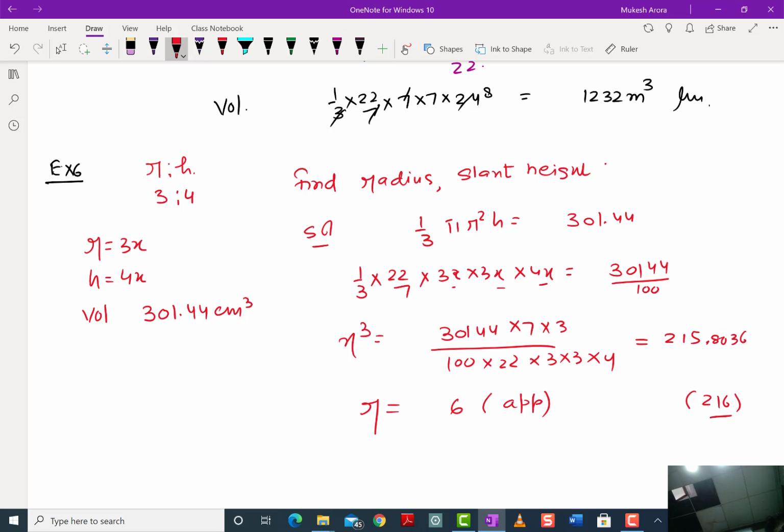So height of cone will be 4x, 6 into 4, 24.